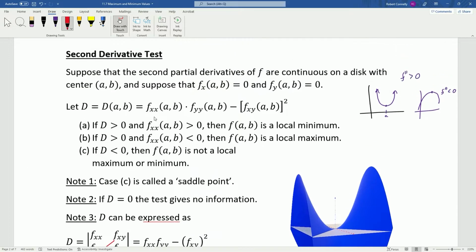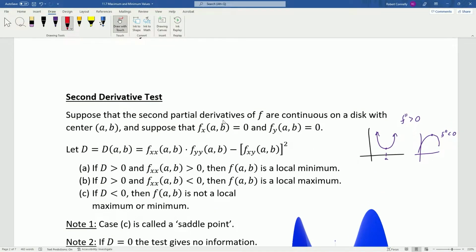Well, that's because this condition says the second partial derivatives are continuous. And we had a theorem from before, Clairaut's theorem, that says that if the second partial derivatives are continuous, then they are equal. So we're relying on that condition here.